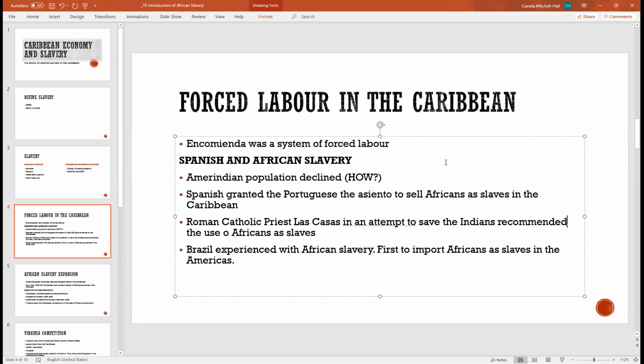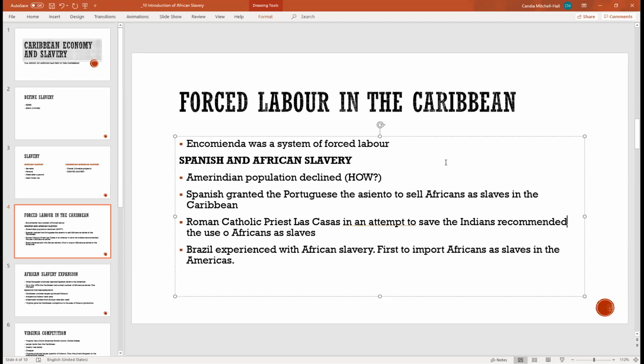Who committed suicide? The Amerindians. Very good. What else led to the decline? Starvation. Some of them, starvation, yes. What else? Or they were overworked. Overworked, very good. So these were some of the things that led to the decline of the indigenous people.